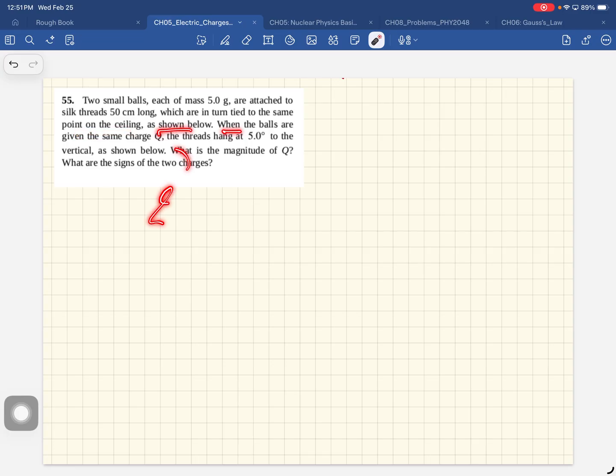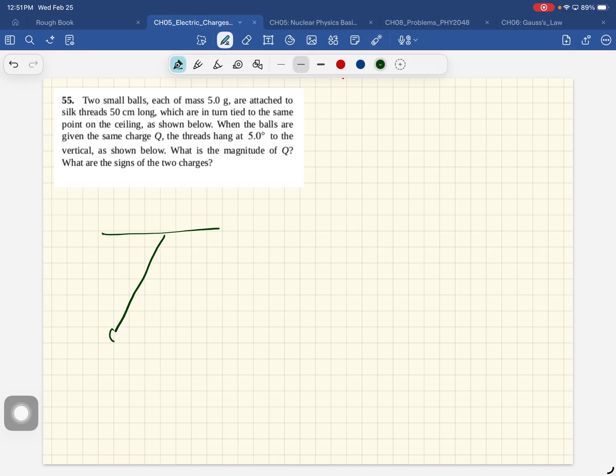The forces on it are the tension in the string, the repulsive electrostatic force, and the weight. Since it is at rest, in equilibrium, the sum of these three forces is zero.